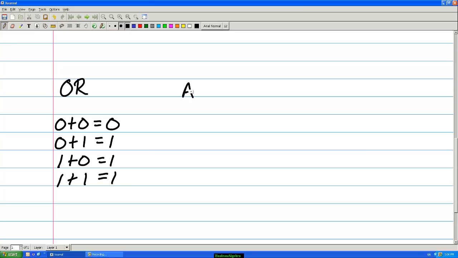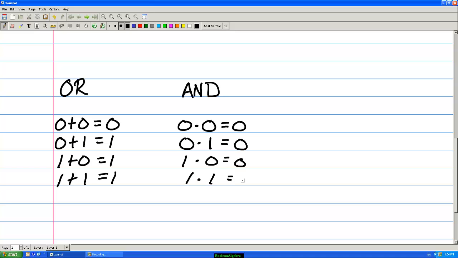With the AND operation, or AND multiplication, it's exactly the same as ordinary multiplication. We have 0 and 0 equal to 0, 0 and 1 equal to 0, 1 and 0 equal to 0, and 1 and 1 equal to 1.